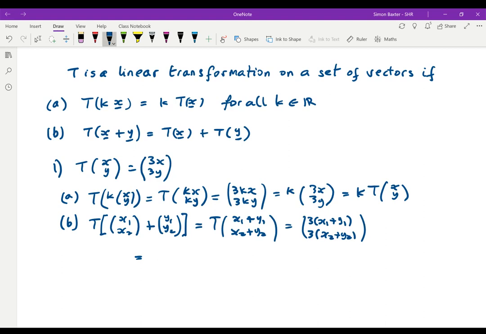Well, it doesn't take much to split that up as 3x1, 3x2 plus 3y1, 3y2, and that is just what we would get if we did T of x1, x2 multiplied top and bottom by 3, and the second one is just T of y1, y2.